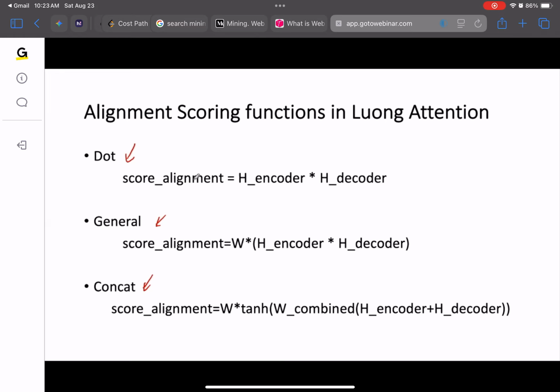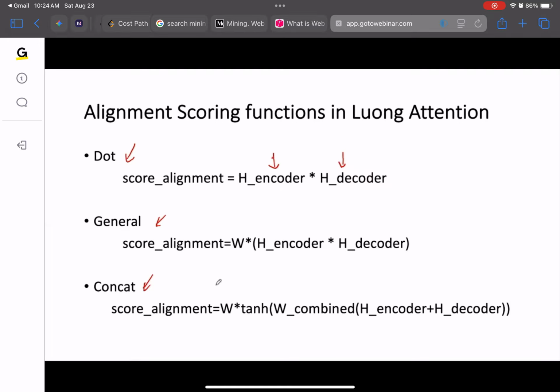The relevance is indicated in one way by the similarity. That's the reason we have the dot product here. As you know, the higher the dot product, the more similar the two vectors, here the encoder and the decoder. That's the reason we use dot product.